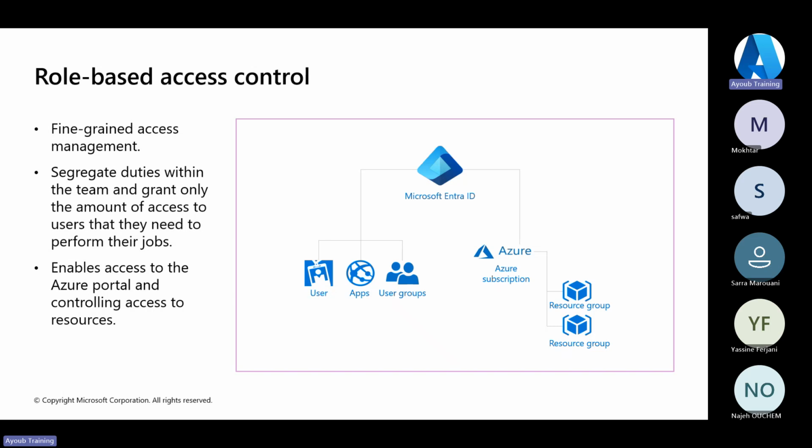So with RBAC, we can manage access and segregate duties within the team or group, and I can create a group inside another group or a user inside the group. So I can give authorizations for some applications.